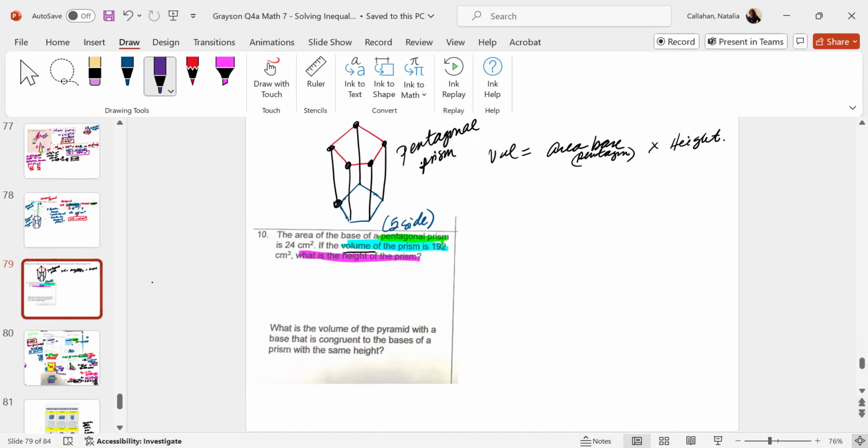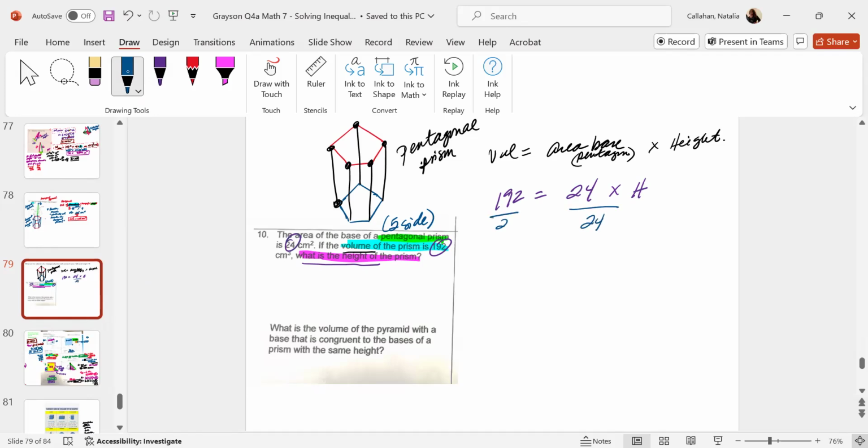So they give you 24. Where is that going to go? Base, area of base. 192. Where do you put that? Read it. What is 192? So where is the volume formula right here. What are we finding? That's a height. So h for height, right? How do I get rid of the 24?